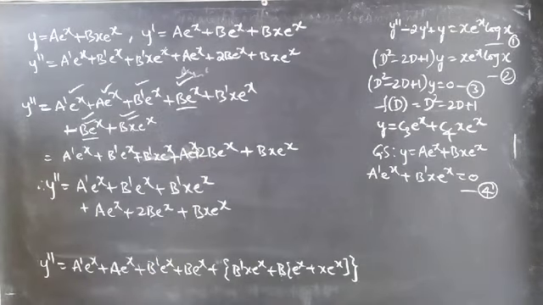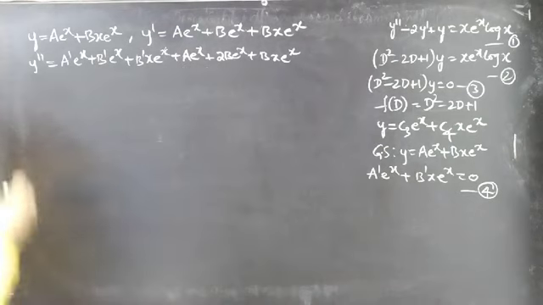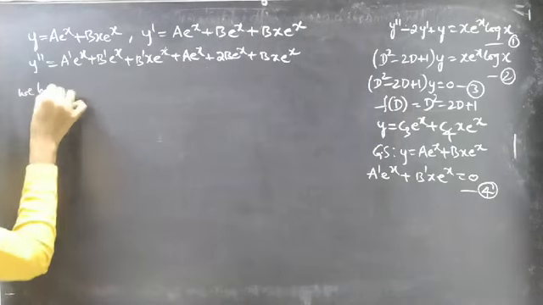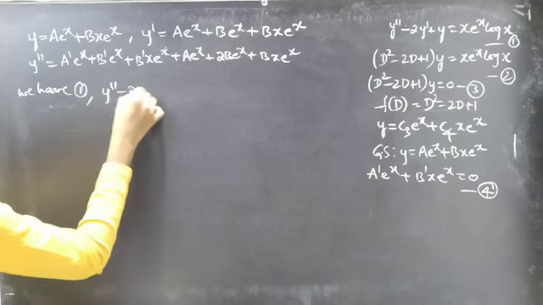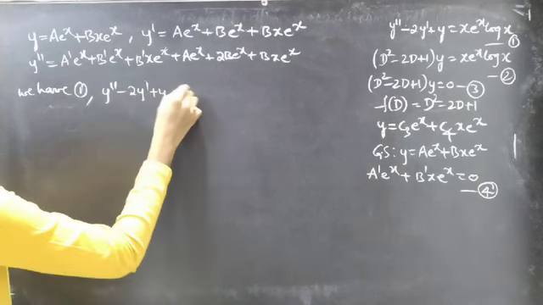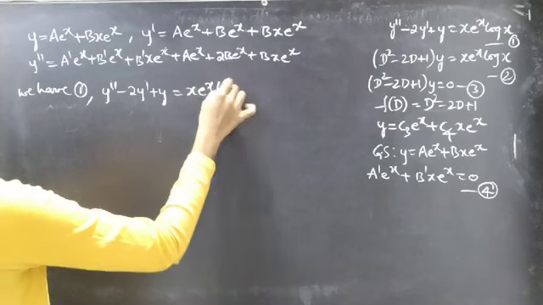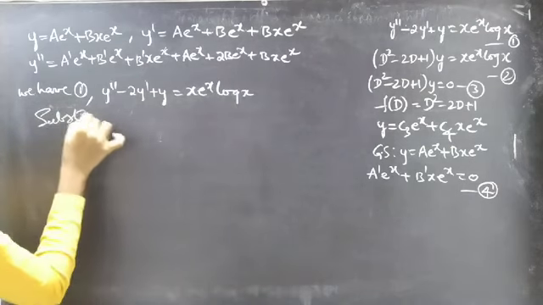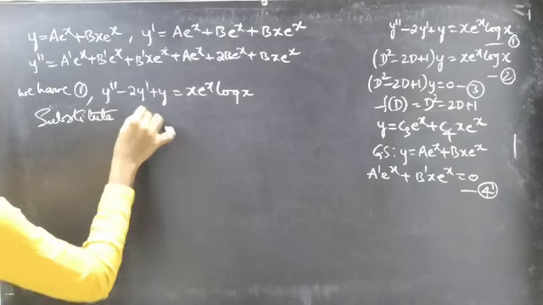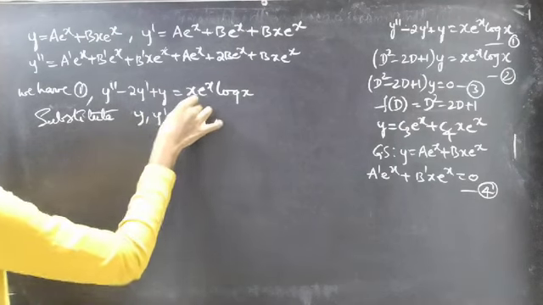Right? Now we have y dash and y double dash. Let's put it in equation 1. We have equation 1, y double dash minus 2y dash plus y equals x e power x log x. Now substitute y dash and y double dash in the above equation.